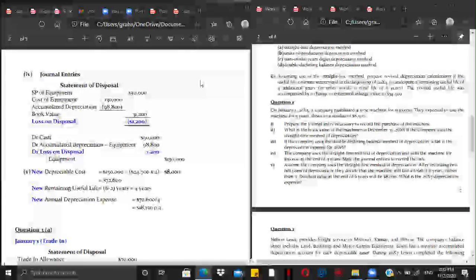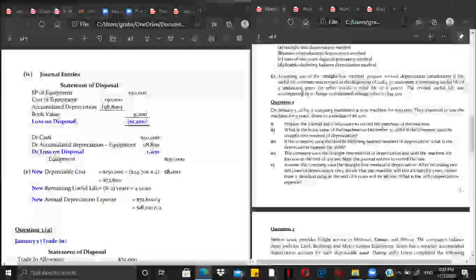Somebody had asked how we got the 34,400. It's our revised estimated salvage value, and it was given in the question. So 360 minus the 66,800 times the 2, and then you subtract the salvage value, or the revised residual value, from it.